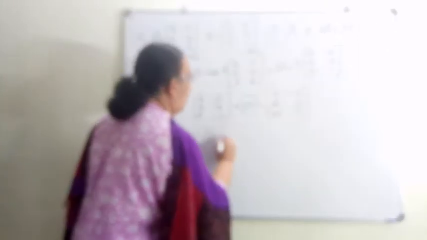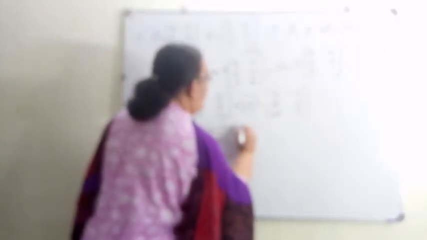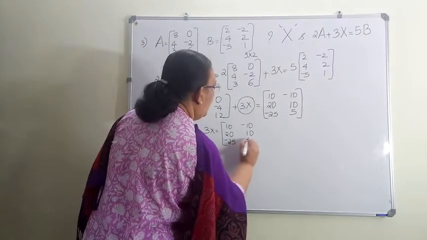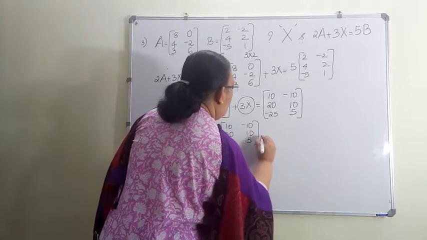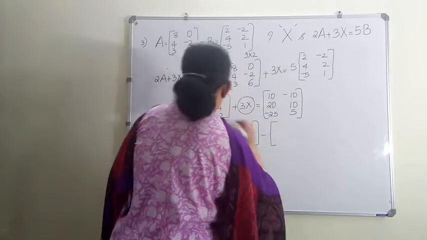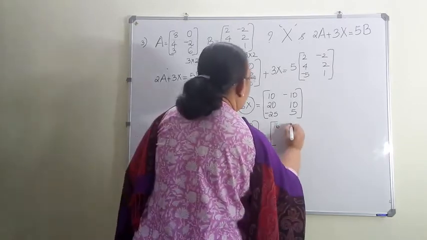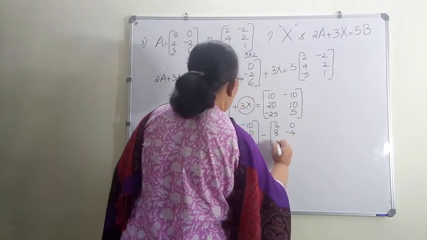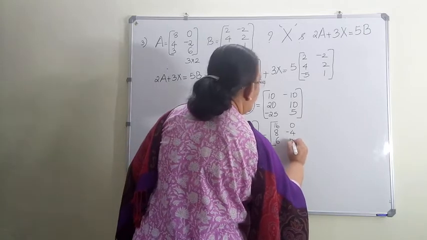So 3X is equal to 10, minus 10, 20, 10, minus 25, 5, minus 16, 0, 8, minus 4, 6 and 12.